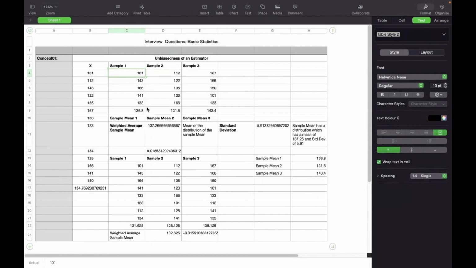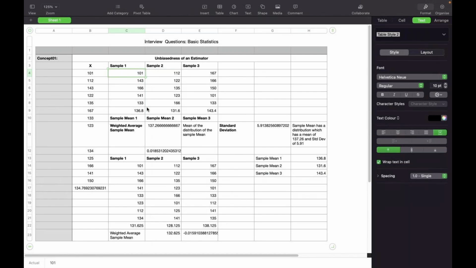With the first sample, I get a sample mean of 136. I just cannot say that because my sample mean is 136, the population mean is 136 or somewhere close to it. It might be that the random sampling has not been done correctly for a given sample.